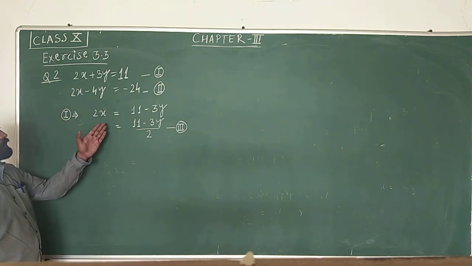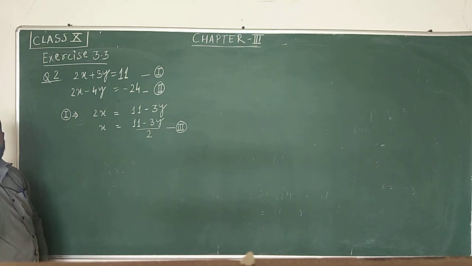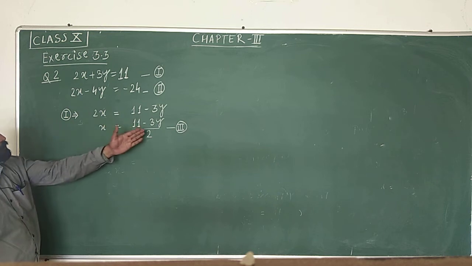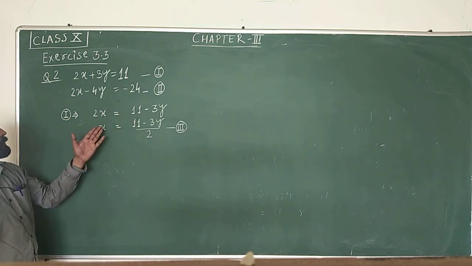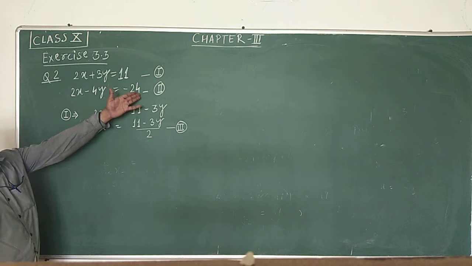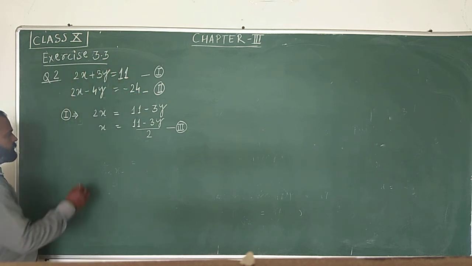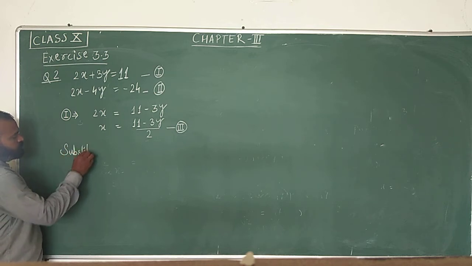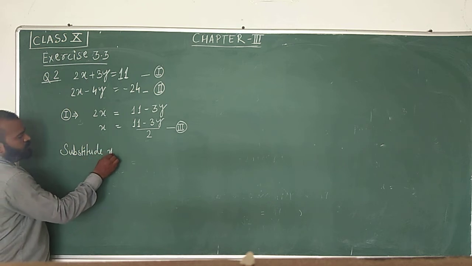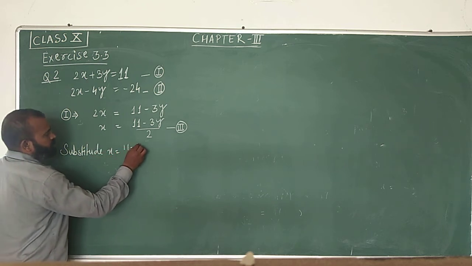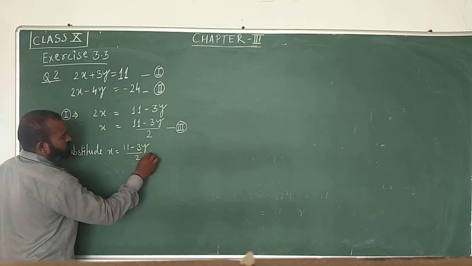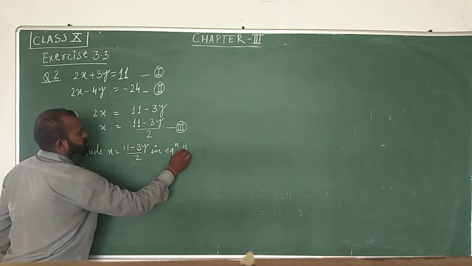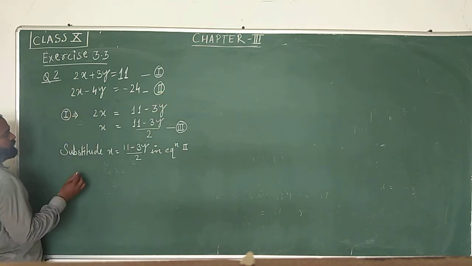Now we have the value of x in terms of y. Now we put this value of x in equation 2, as we have solved equation 1. Substitute x equals 11 minus 3y upon 2 in the second equation.